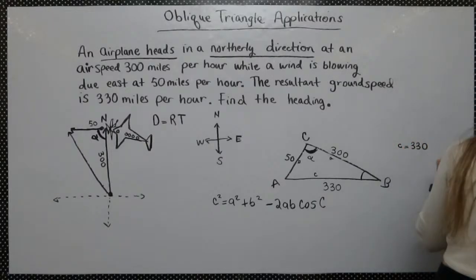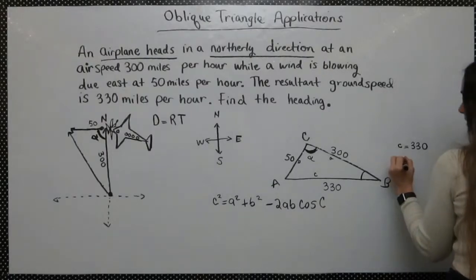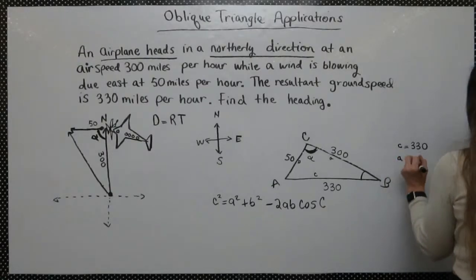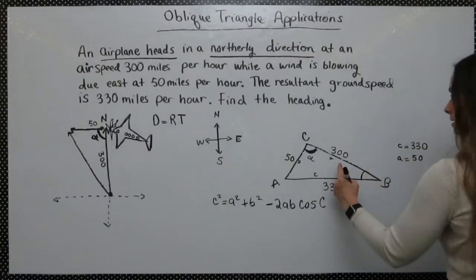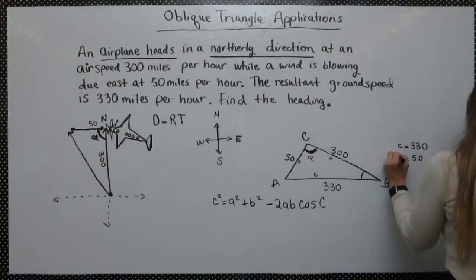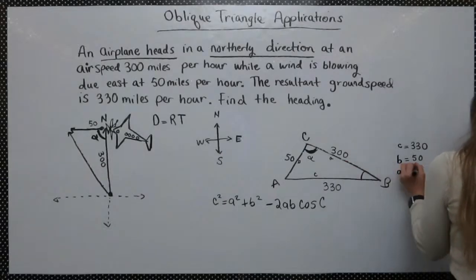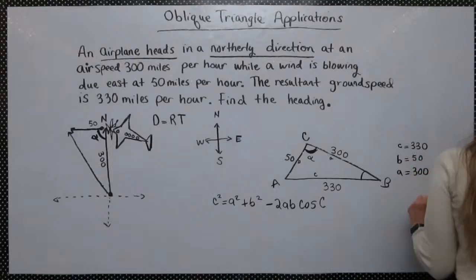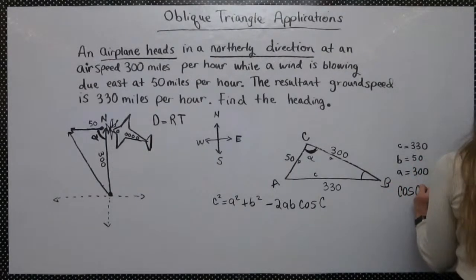It's my resultant. And then I have a is going to be, we'll put that as the wind speed. And we'll say, wait. Hang on, what did I already have? I had b as the wind speed, sorry. Little b is the wind speed, and then little a will be my speed of my airplane, A for airplane. And then I'm looking for cosine C. So that's going to be my variable.